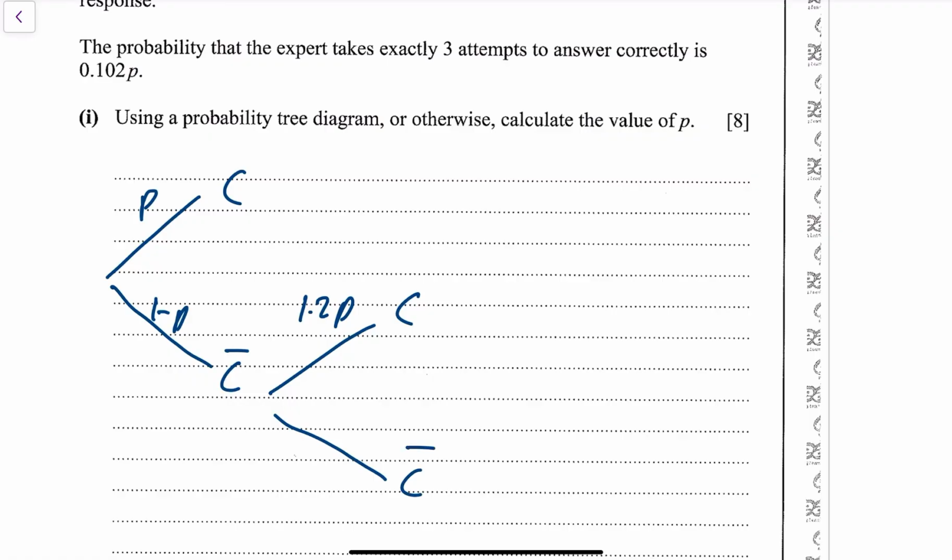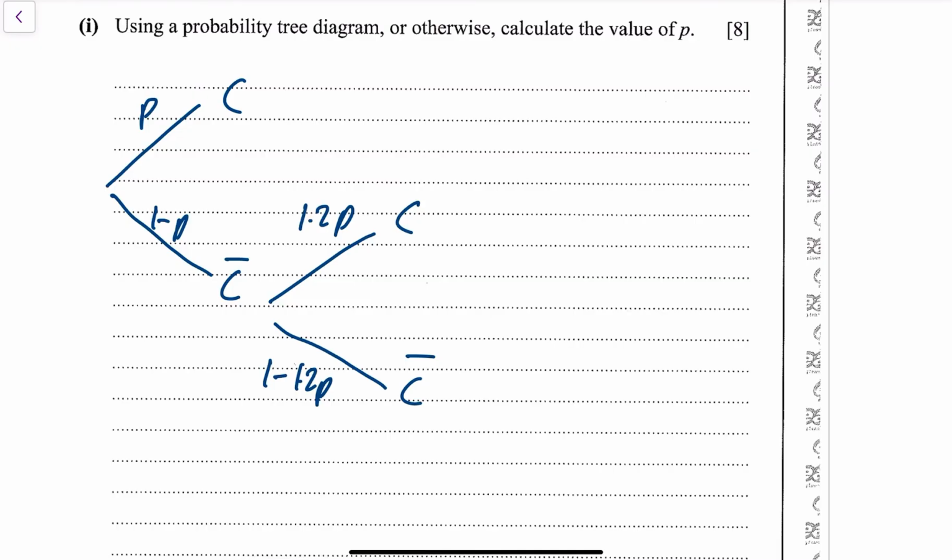To get it incorrect then again is going to be 1 minus 1.2p. And then after this, the chance of getting it correct on his third go is going to increase by 20% again. So that's going to be 1.2 times 1.2, so that's 1.2 times 1.2p. That's where we go. And this is what we want.